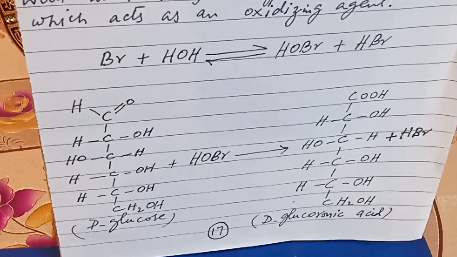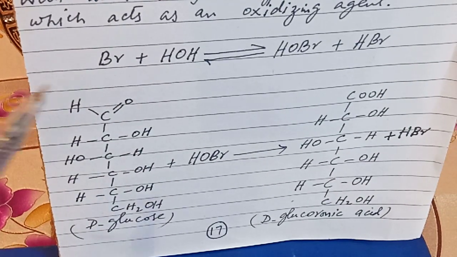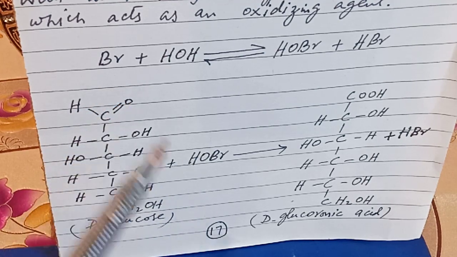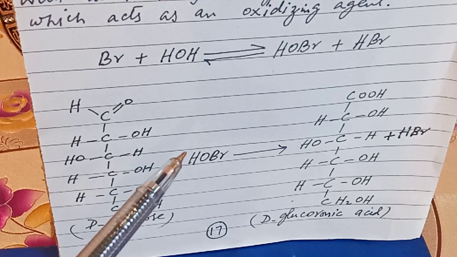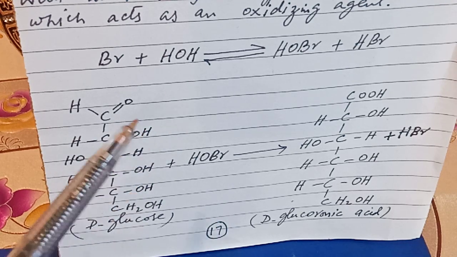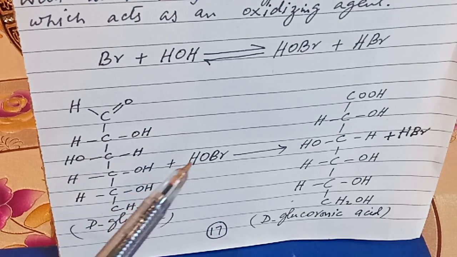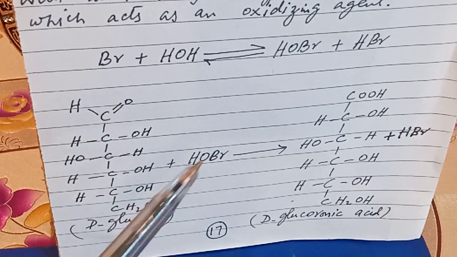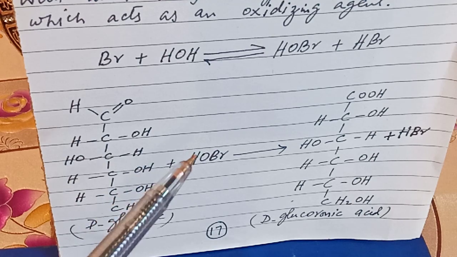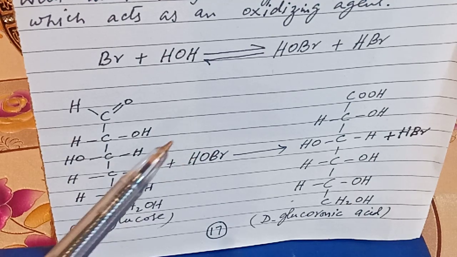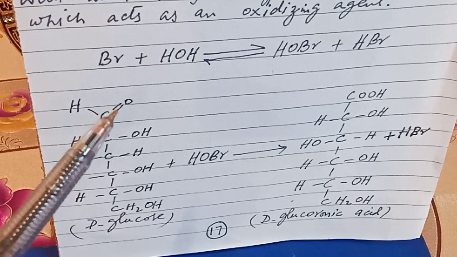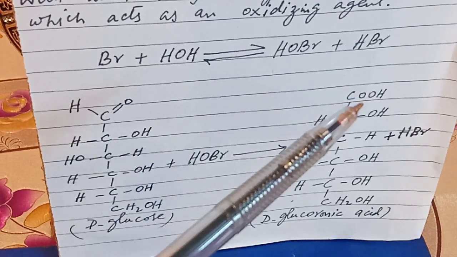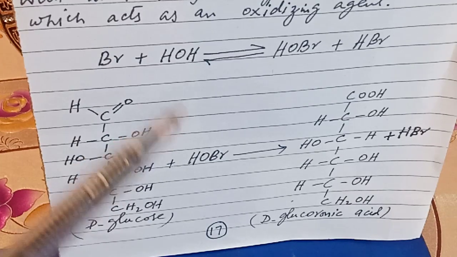Understand, from this structure, the second step of the reaction: this aldehyde group reacts with hypobromous acid. So what will happen? The hydrogen will be lost here, and that will reduce to this carbonyl group and form the carboxyl group.